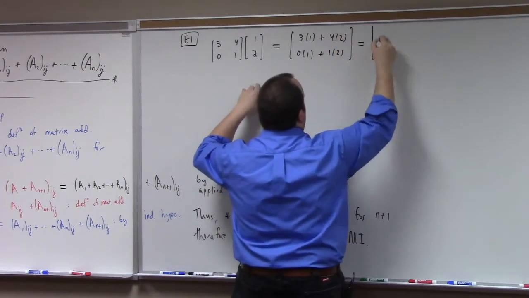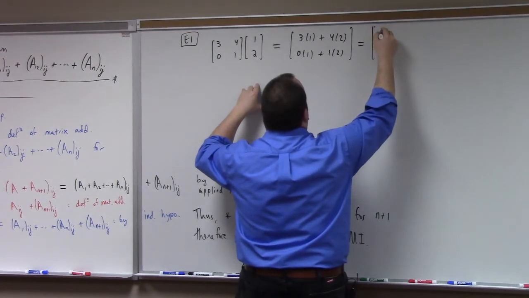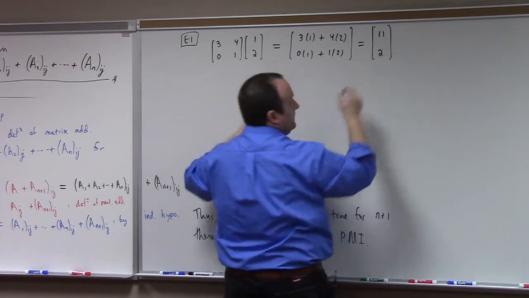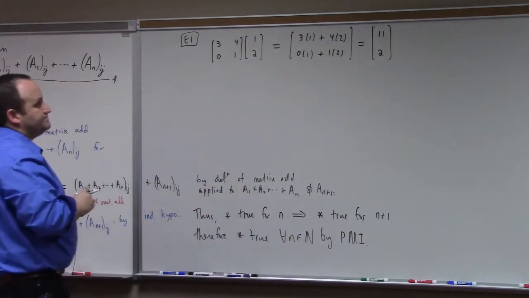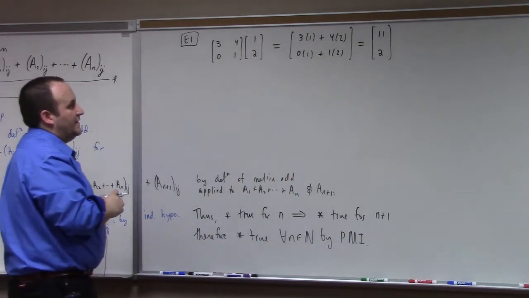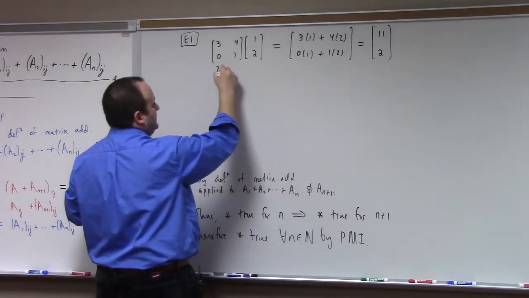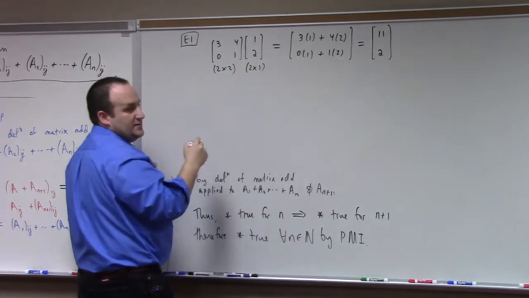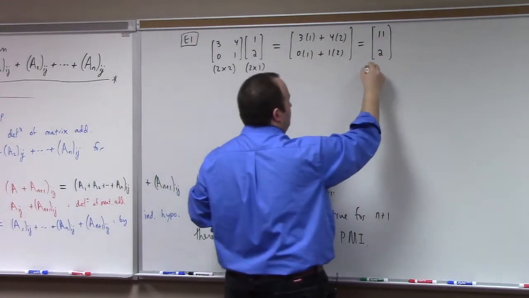Which is 3 plus 8, 11, and 2. Now that makes sense, right? Because we've got a 2 by 2 times a 2 by 1, and the output is 2 by 1.